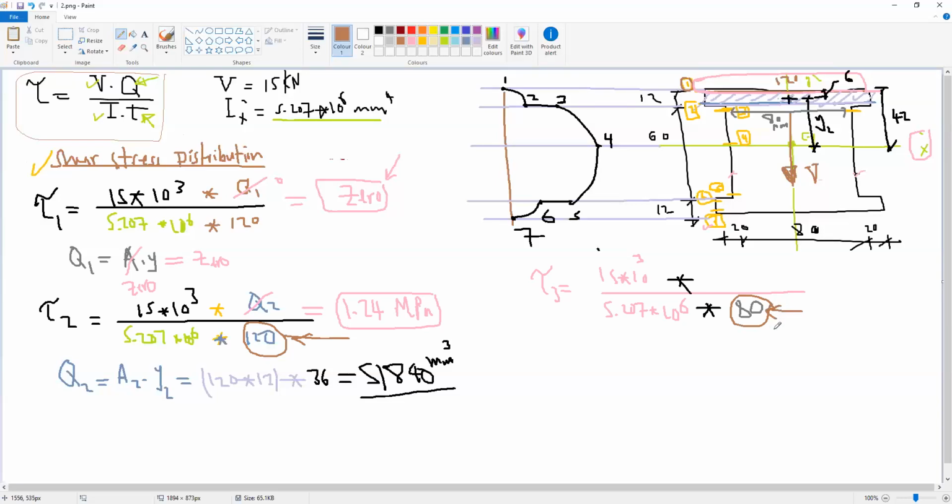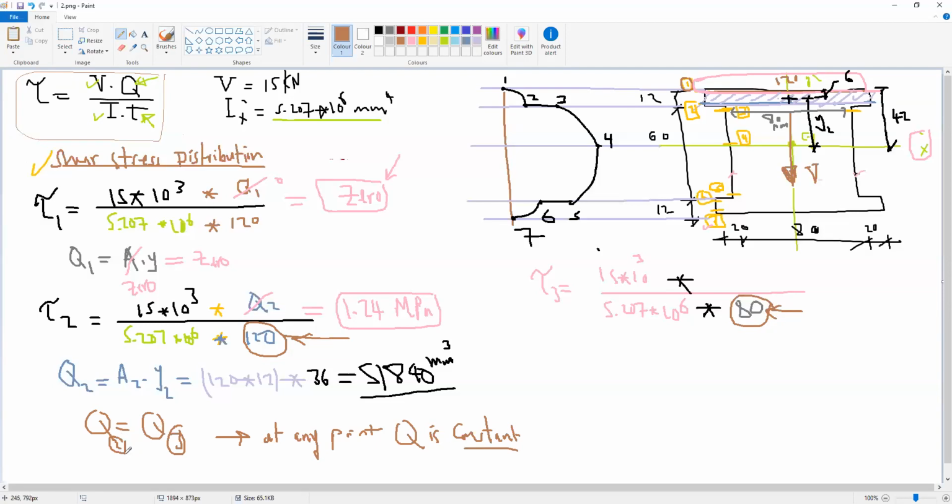Okay. Then we return back to Q. What is Q here at 3? Q is the area before cut 3 multiplied by Y. And because 2 and 3 are at the same point, Q2 equals Q3. So you can keep in mind that at any point, if we are at the same point, Q is constant, because Q depends on the area and the distance.